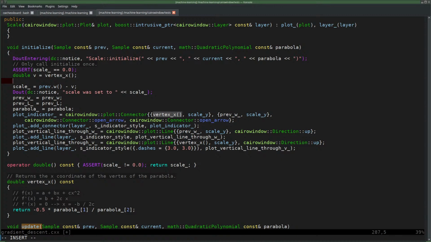So scale used to be equal to step, where step equals the old value of W. So we have something like W new is W old minus step. And then scale is set to that step.